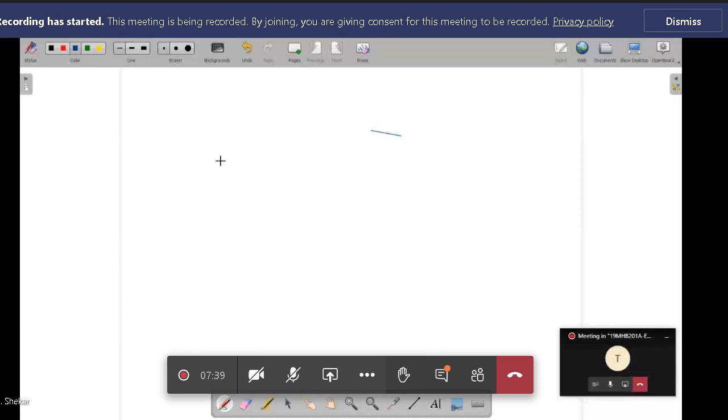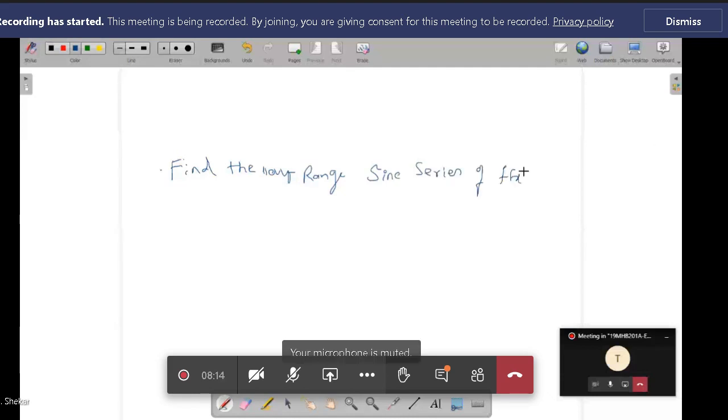Find the half-range sine series of the function f of x equals pi x minus x square in 0 less than x less than pi.